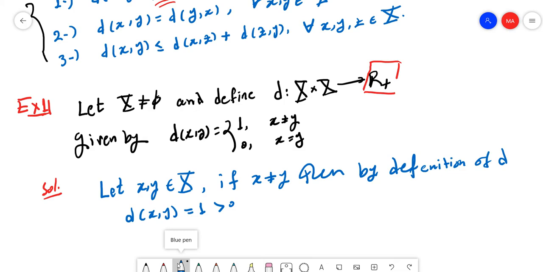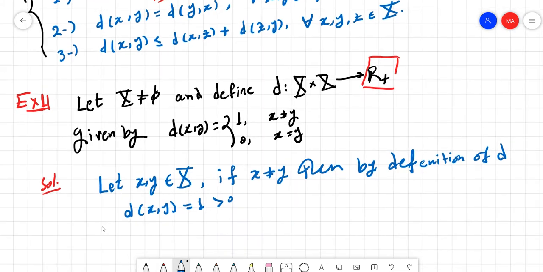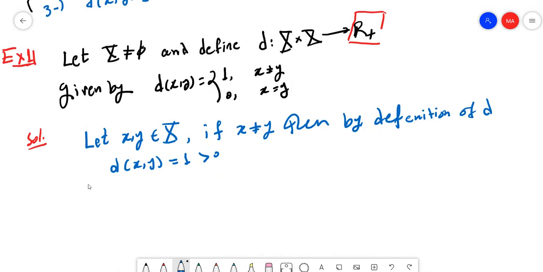So the first half of the first condition holds. Moreover, the distance between x and itself is equal to 0. So we already have the first condition.